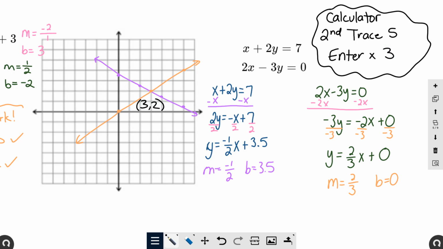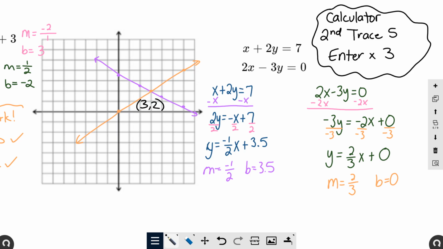Obviously, make the graph first, but then hit second trace 5, enter 3 times. Or get Luke to come in with his guitar and make us a song. So, solve the equations for y, put them in y equals, graph them, second trace 5, enter 3 times.